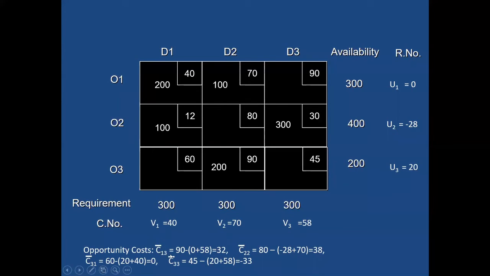For C13, we got 90 minus 0 plus 58. Okay, that came to 32. Then for C22, we got 80 minus (minus 28 plus 70), which gave me 38. For C31, this cell here, I got 60 minus (20 plus 40), which gave me 0.